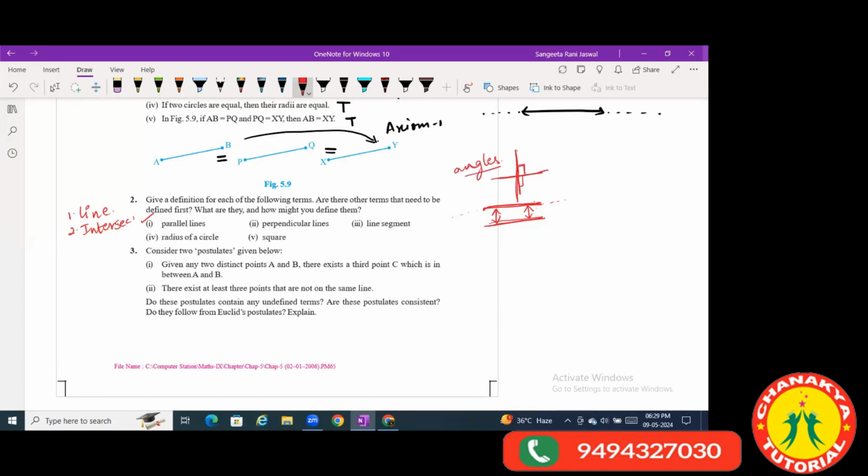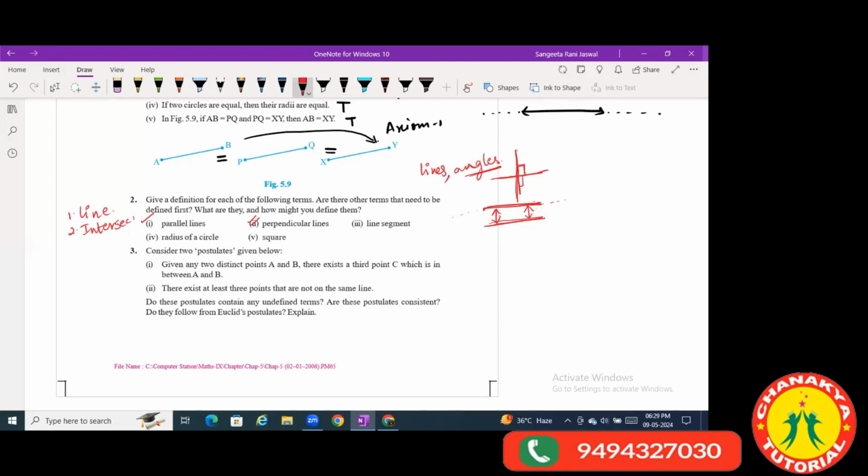So the basic thing is lines, because whatever comes in geometry, you must know about lines first. Lines and then angles. This is in the case of perpendicular lines.